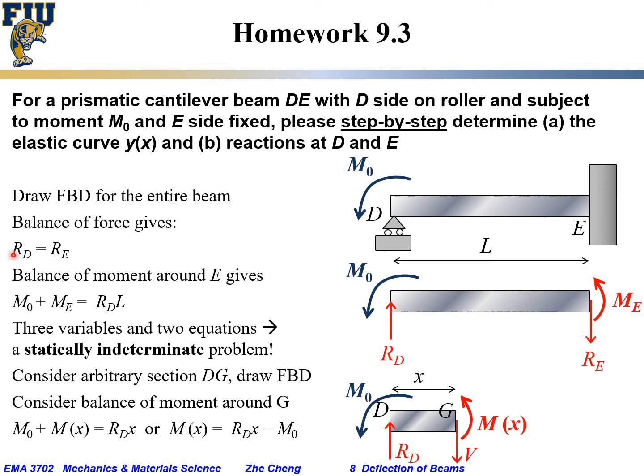We have RD, RE, and ME, 3 variables and only 2 equations. So this is a so-called statically indeterminate problem, which means by pure statics consideration, these 2 equations cannot solve for the 3 unknowns, RD, RE, and ME.